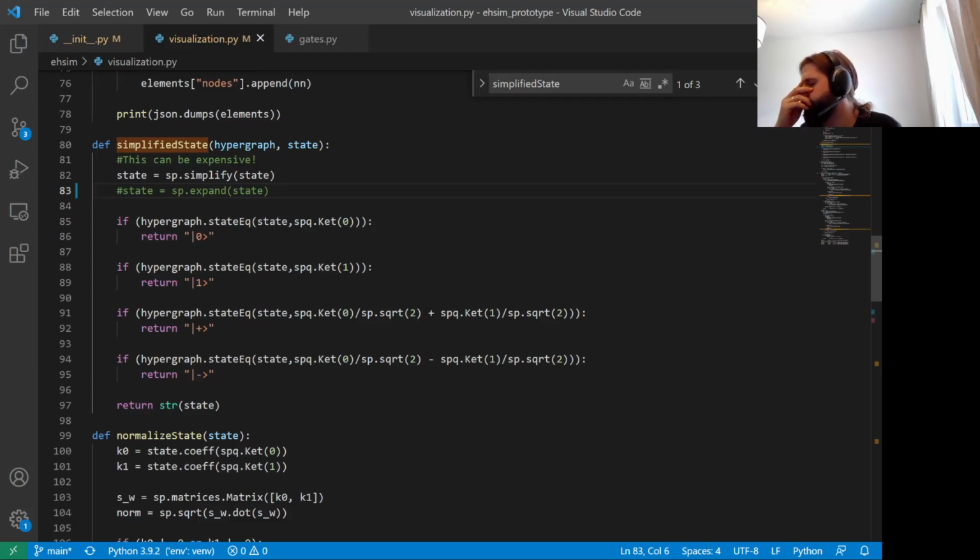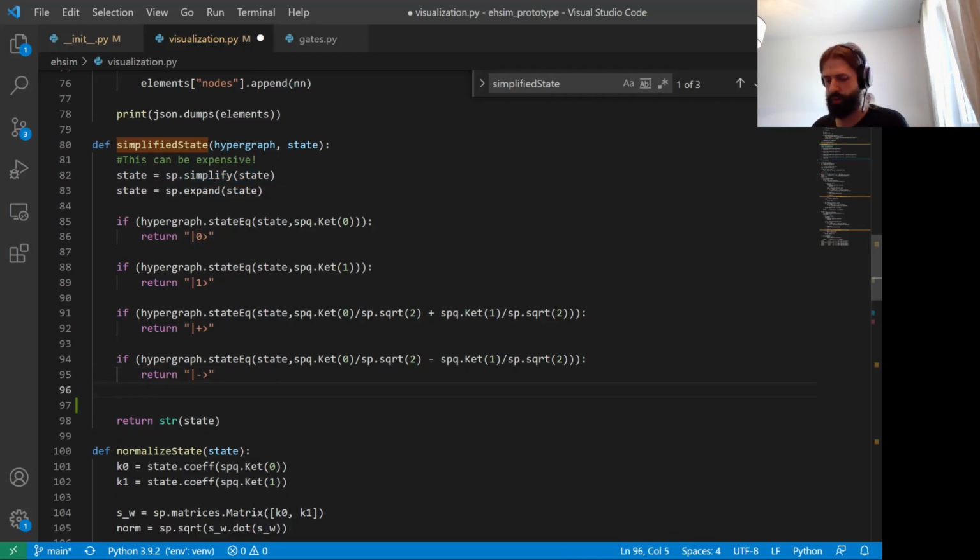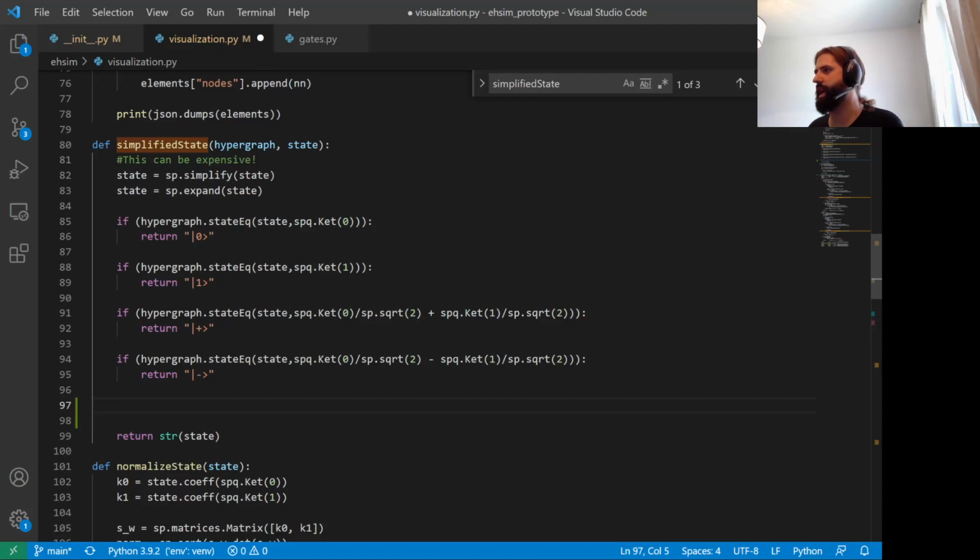Okay, let's put it this way. I will simplify and expand. I don't know. The thing is, if it actually doesn't catch that here, if it's not one of these pure states, right?